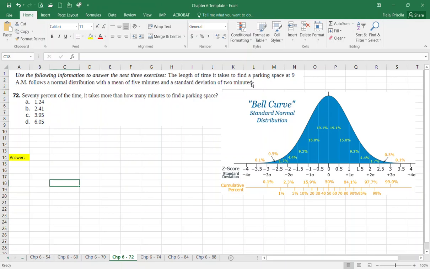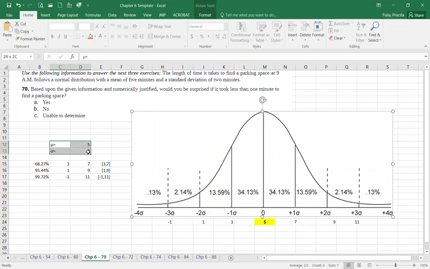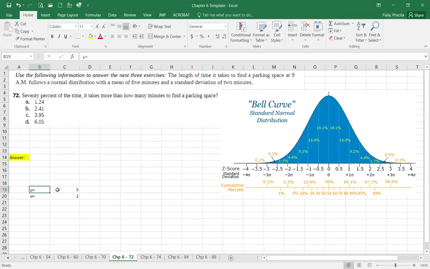Well, this question, we're still following the 5 minutes for the mean and 2 for the standard deviation. So I copy my mean and my standard deviation. It says 70% of the time it takes more than how many minutes to find a parking space. Now, I wasn't given a z-score.